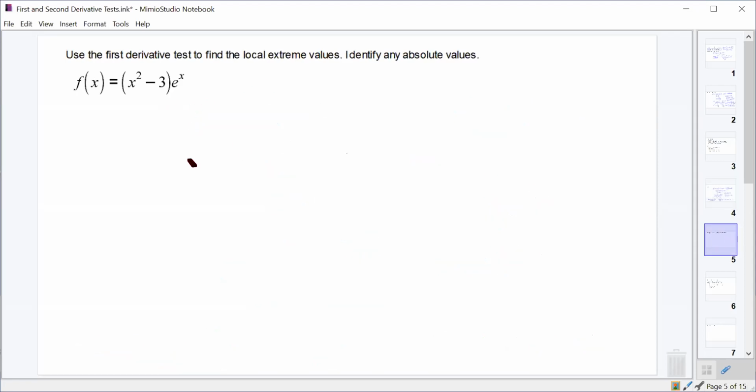All right. So now we're going to do this with a function we definitely don't know much about. x squared minus 3 times e to the x. So I want you guys to take a second to try and take your first derivative of this on your own. So take a minute and figure out that derivative.